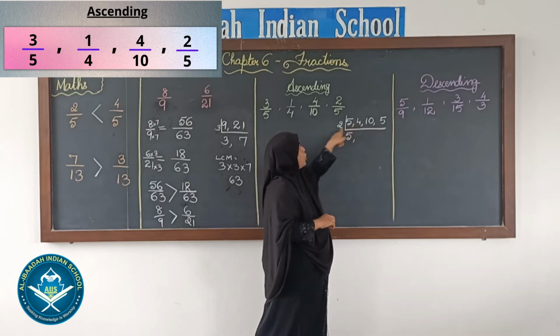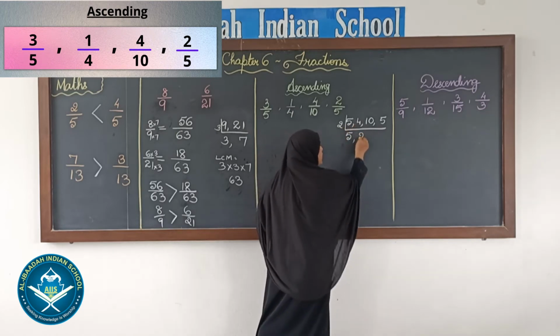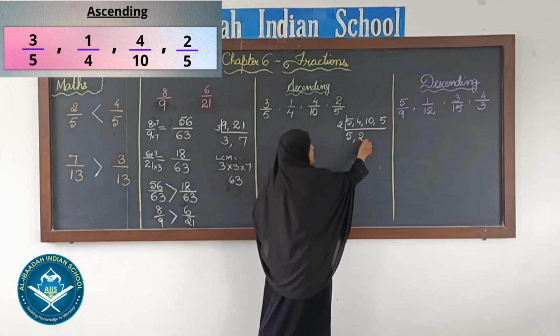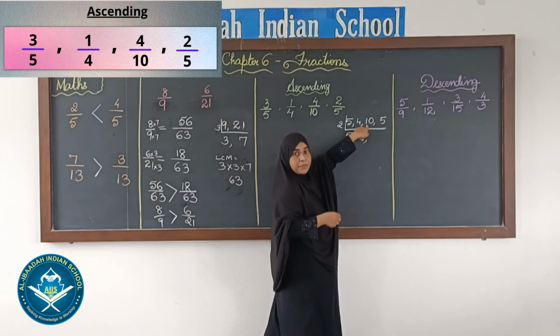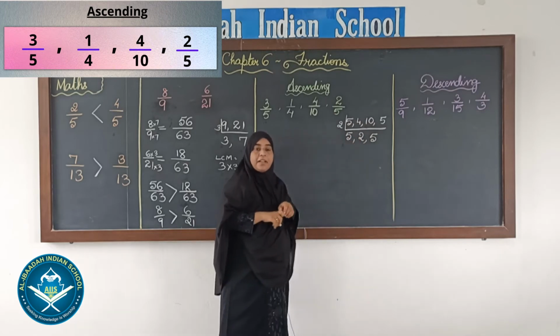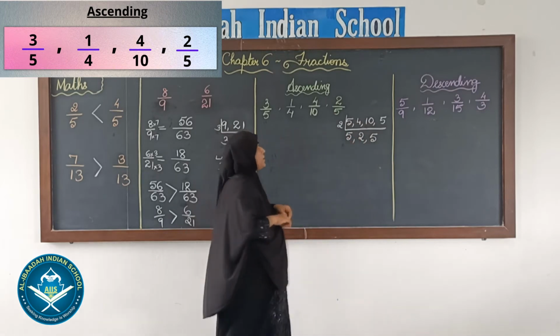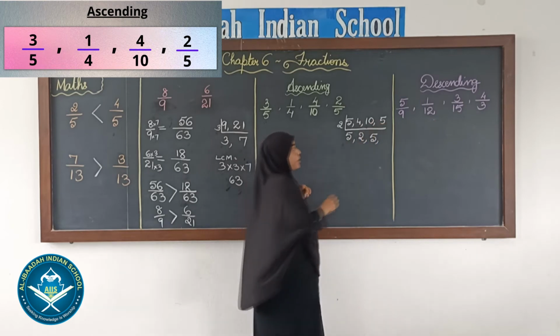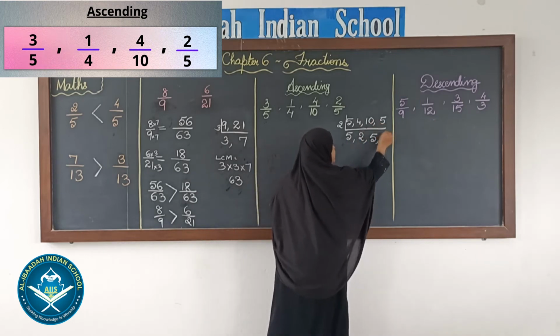When we divide 4 with 2, we will get 2 as the answer. 2 2s are 4, correct? Then next, 10 is divisible by 2. When we divide 10 with 2, we will get 5 as the answer. 10 divided by 2 is 5. Then next number 5. 2 will not divide 5. So we will write it as it is down.